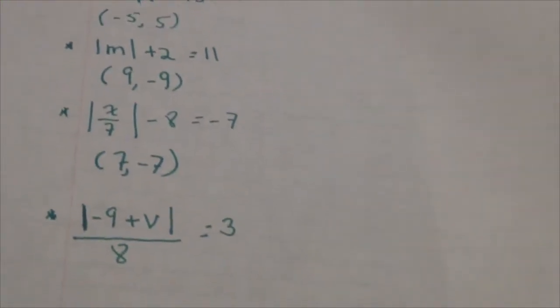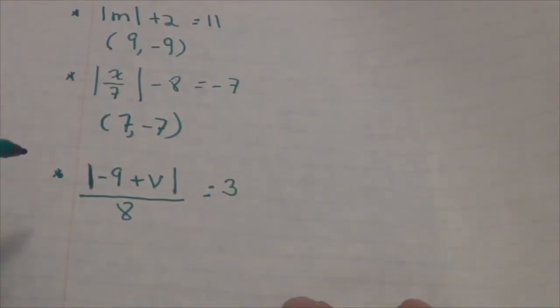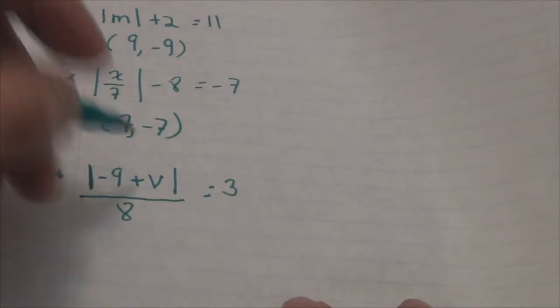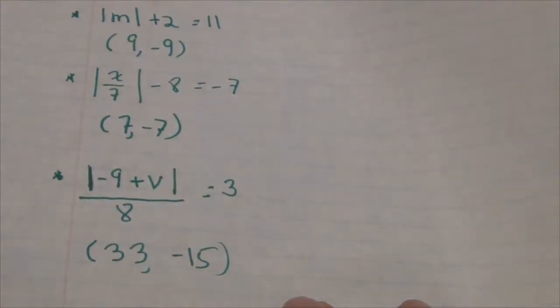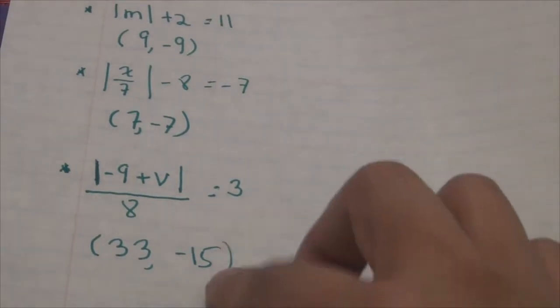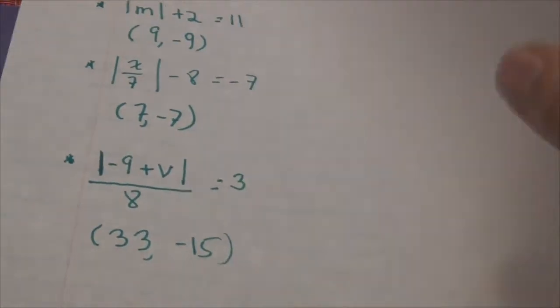So m equals 9 and m equals -9. All right, so I provided you with enough practice. These are your answers. If you have any questions, you could comment, or if not, then just ask me a question if you're my student.